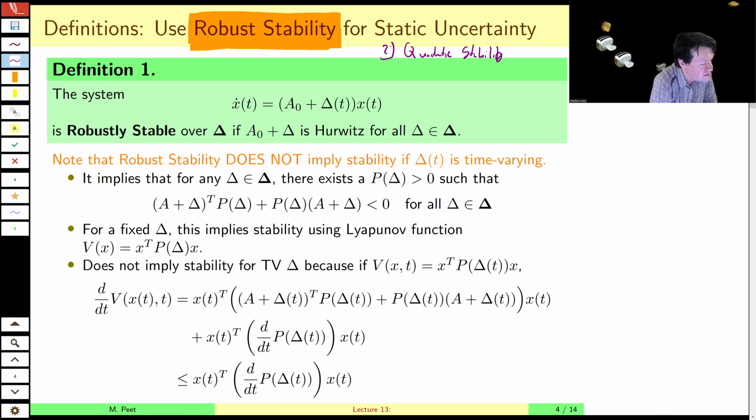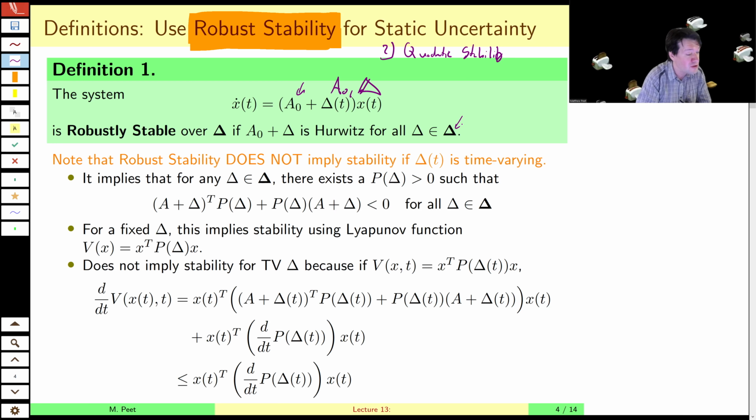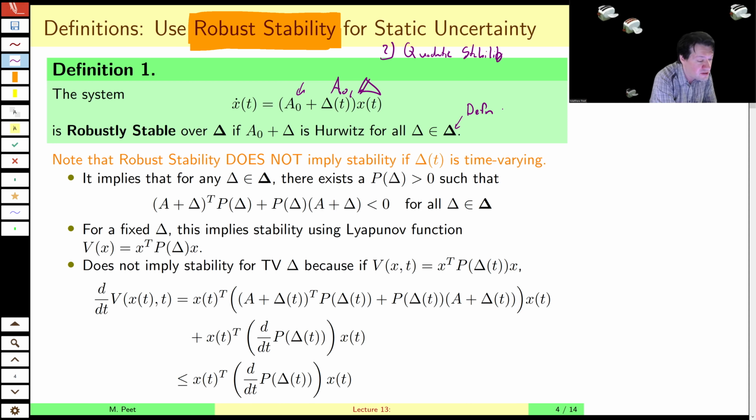So basically, we say that a system, let's say an A naught coupled with a set of uncertainties, we don't actually say what this set looks like. This may be interval, maybe polytopic, maybe something else. The definition applies regardless of what this set is. The definition applies to any class of uncertainty sets.